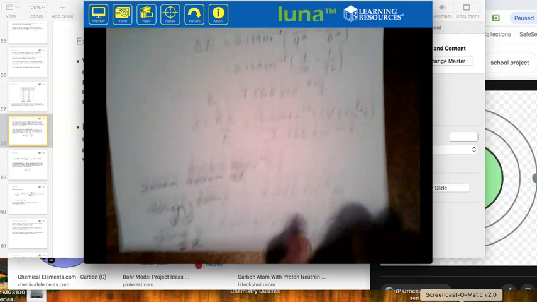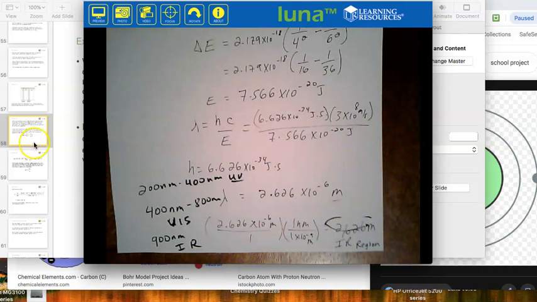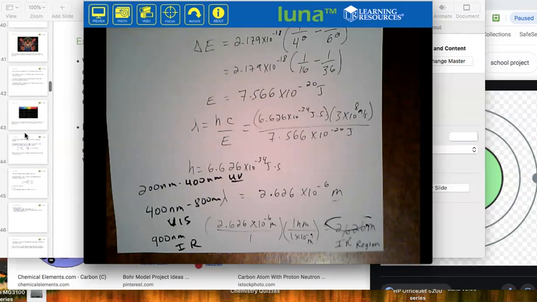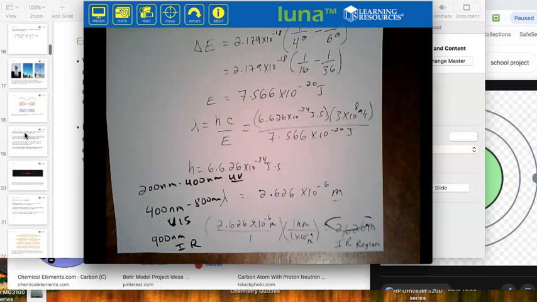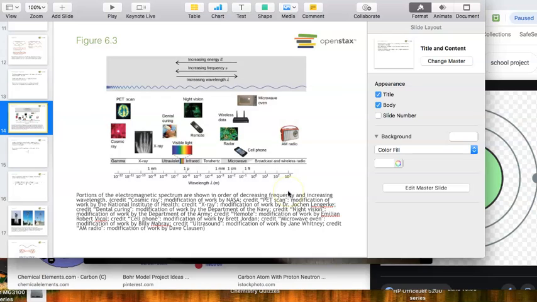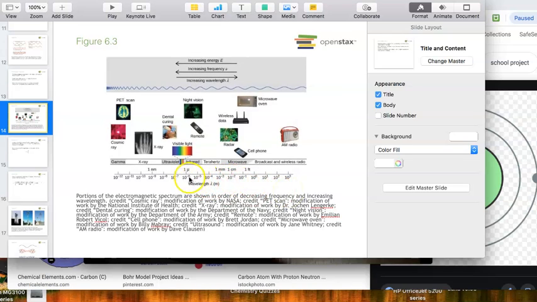And if you wanted to, you could look back. I told you guys you need to kind of memorize this graph, this sheet. Here are the wavelength values, in meters now, not nanometers, associated with different regions of the electromagnetic spectrum.